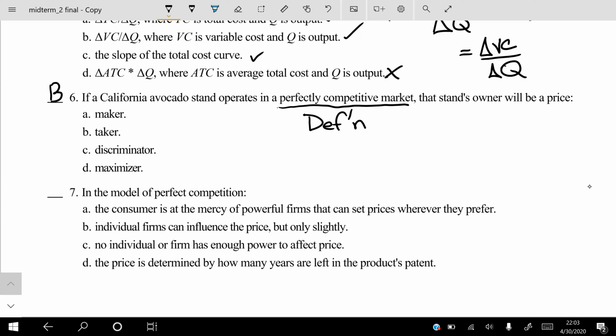No individual or firm has enough power to affect prices, and the price is determined by how many years are left in the product's patent. Well, going by the definition of, again, perfect competition, the answer has to be C. Okay? So again, this is another definition question.